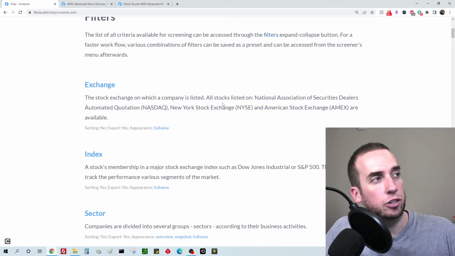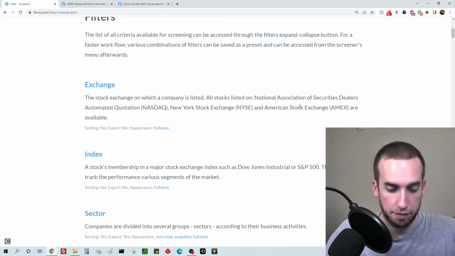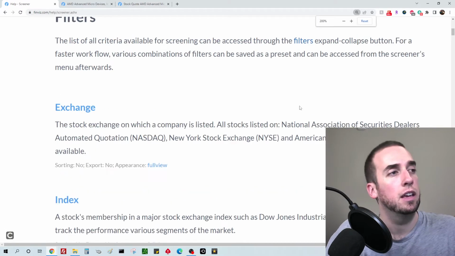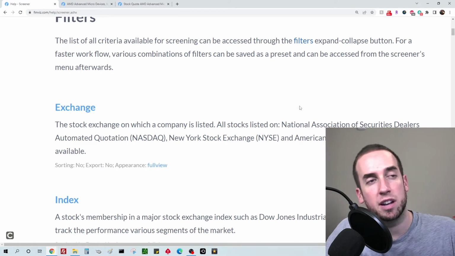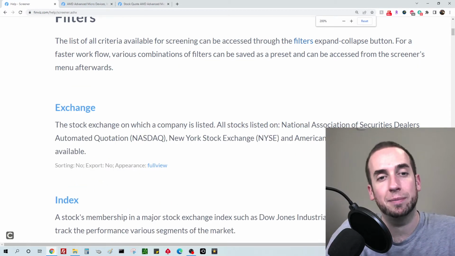Okay, exchange. The stock exchange on which a company is listed. All stocks listed on National Association of Securities Dealers Automated Quotation. That's NASDAQ. New York Stock Exchange and American Stock Exchange. So we have the NYSE and the AMEX are also available. And I'm just zooming in here.